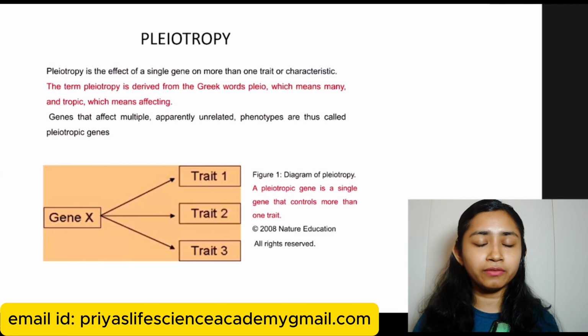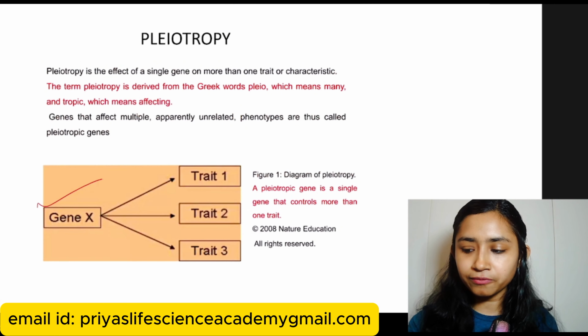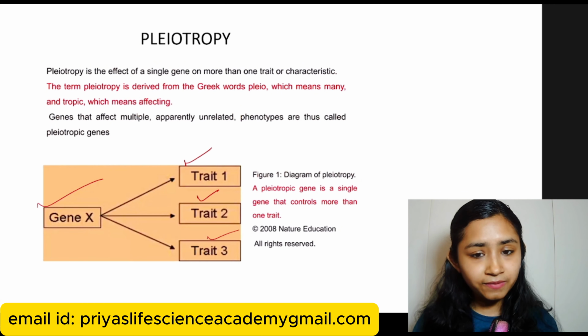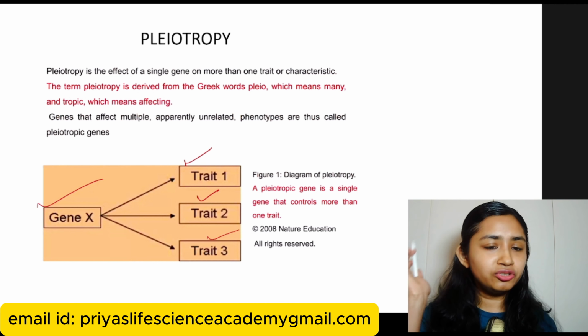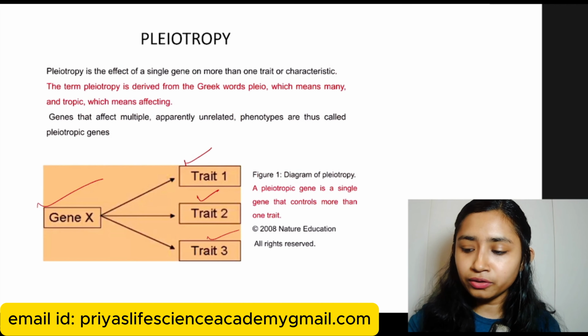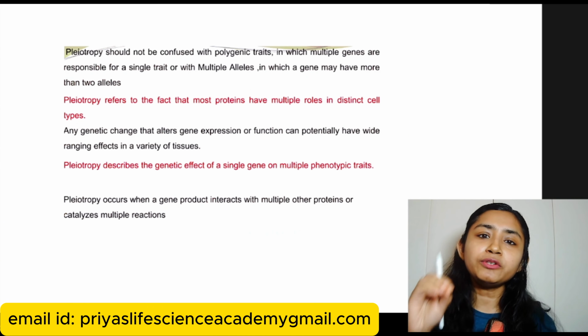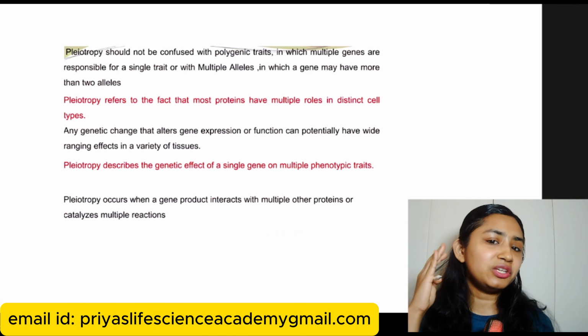By the diagram you can understand gene X is responsible for more than one characteristic feature. So genes that affect multiple apparently unrelated phenotypes are also known as pleiotropic genes. But pleiotropy should not be confused with polygenic traits.